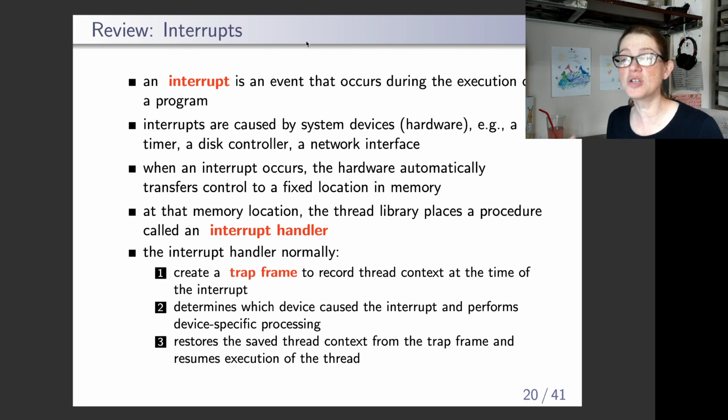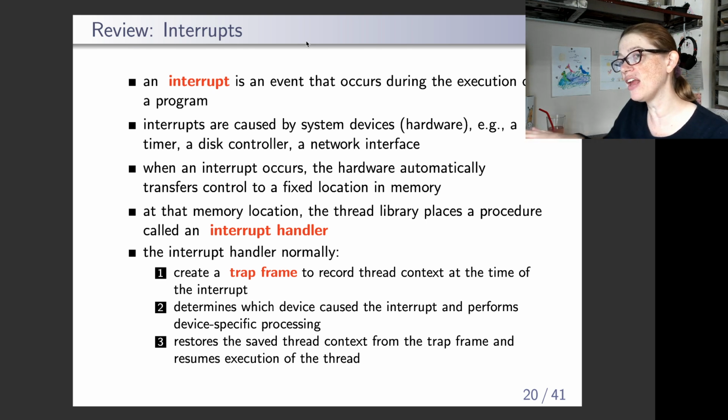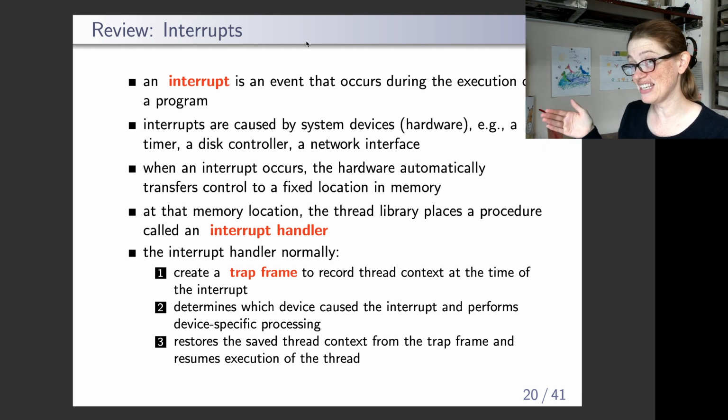It's the kernel's responsibility to handle interrupts and to interact with the devices. So when the CPU receives an interrupt, the CPU is going to cease executing whatever it was executing, and it's going to start executing the interrupt handler for the operating system.